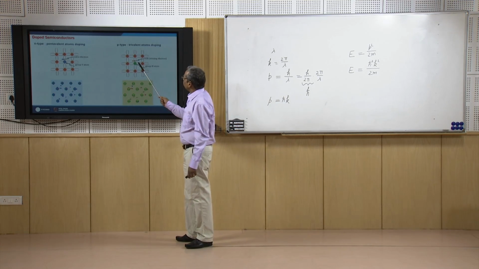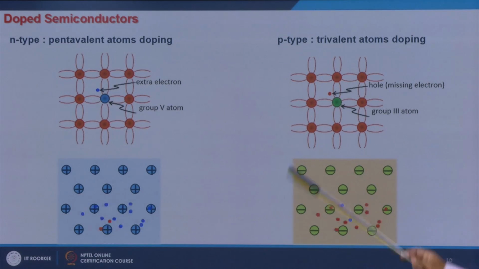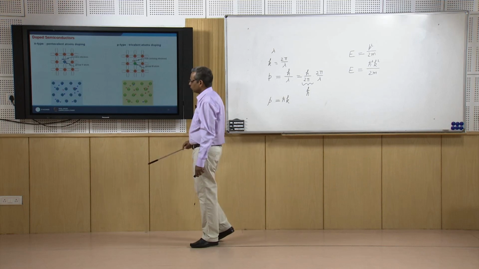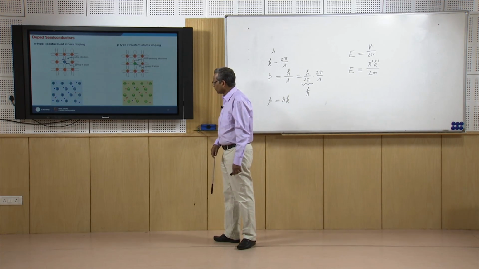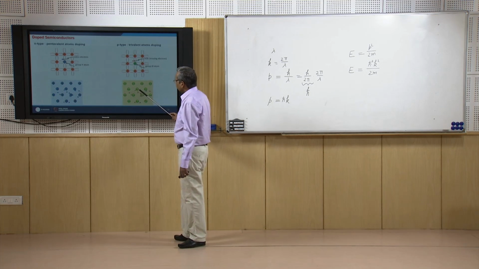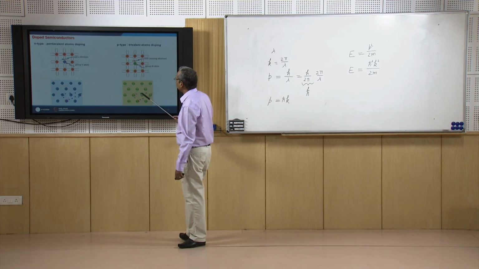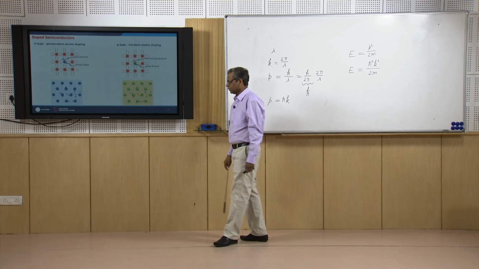This vacancy is a hole, a missing electron, which is equivalent to a positive charge. So, this can be thought of as a negative ion core with positive charges whose charge is exactly the same as that of an electron. So, you have positive charge holes available here for conduction in the negative ion core. This kind of semiconductor material is known as p type semiconductor.